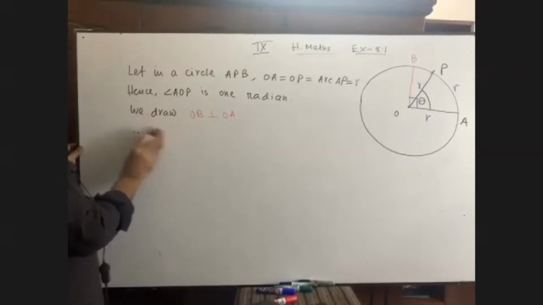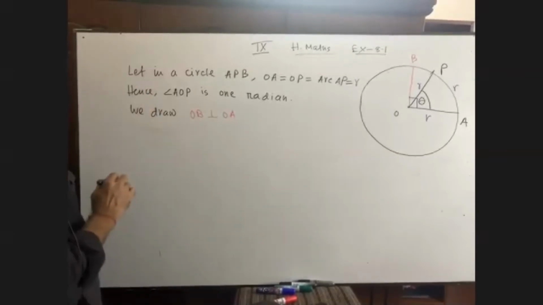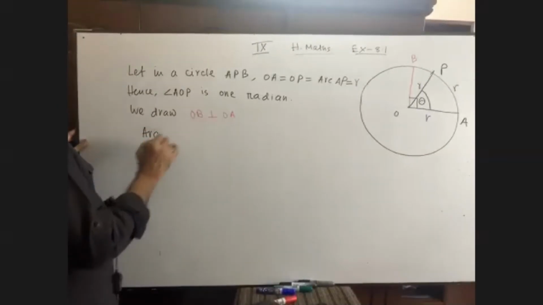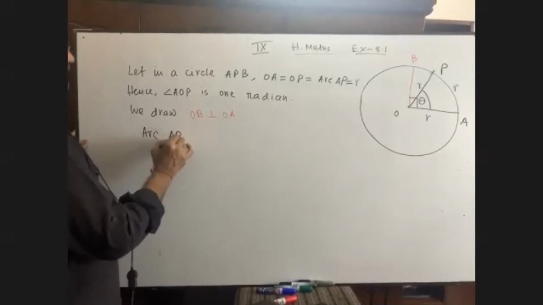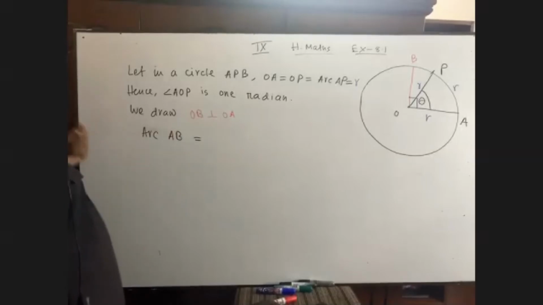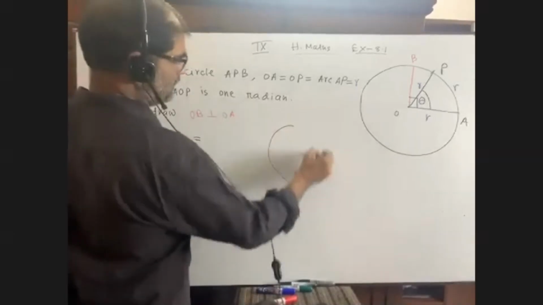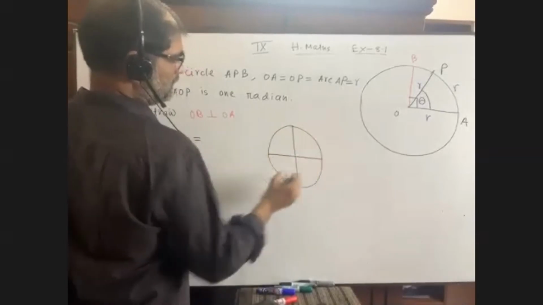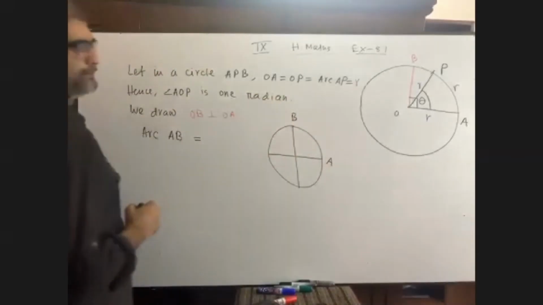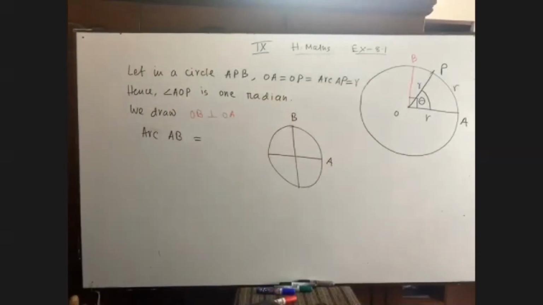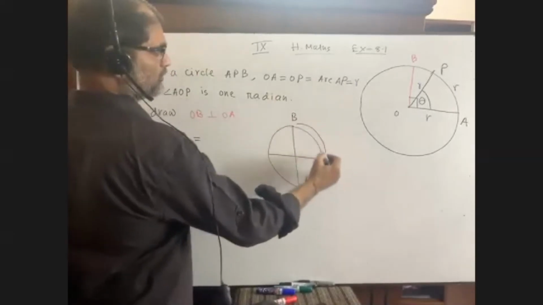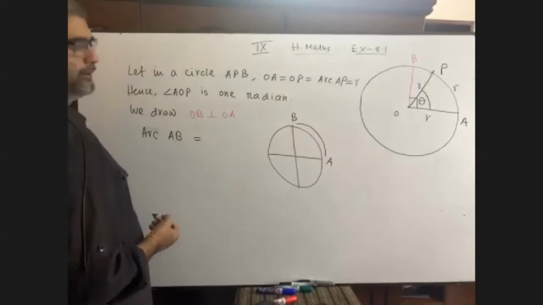Just wait. Before that, write down arc AB equals to what? Can you please let me know? What is arc AB? One-fourth of circumference. Yes, you're right. So we can write arc AB is 1/4 of the whole circumference.